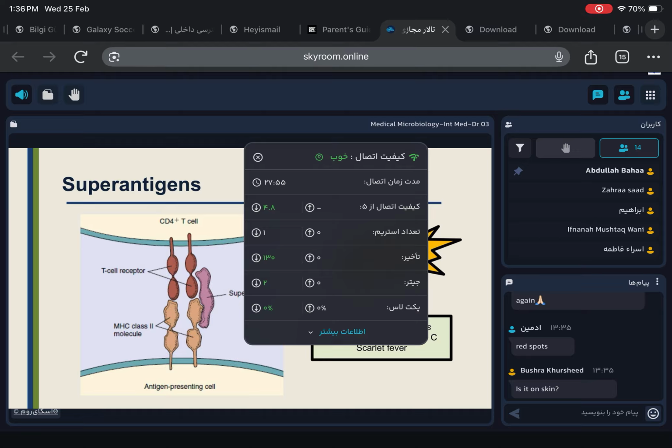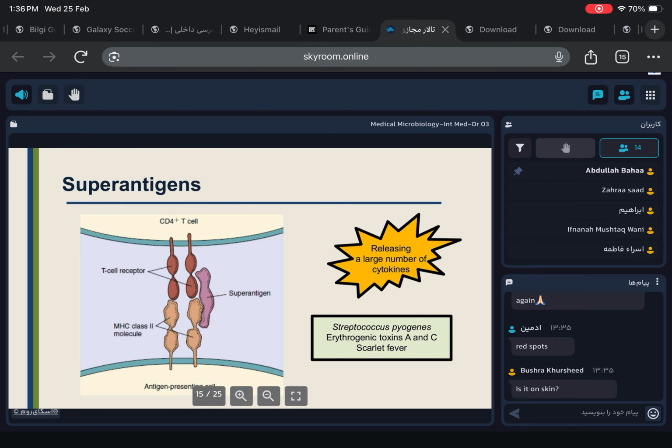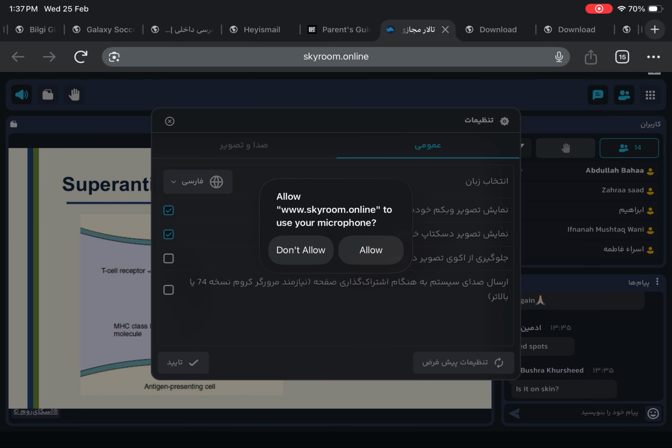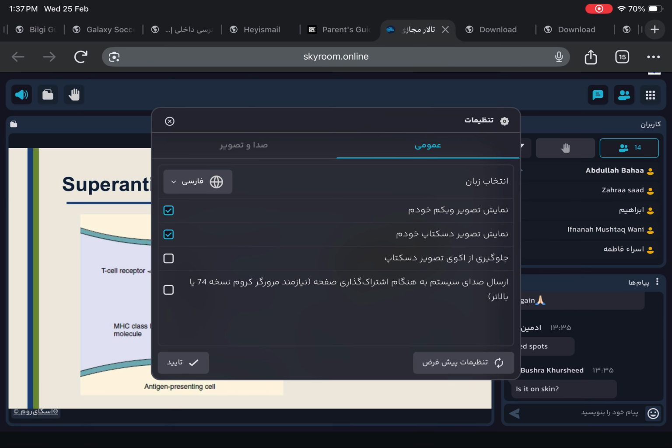Both of these cells are part of the immune cells. Superantigens are special because they can attach to both the T cell receptor and the MHC class II molecule on the antigen presenting cell.